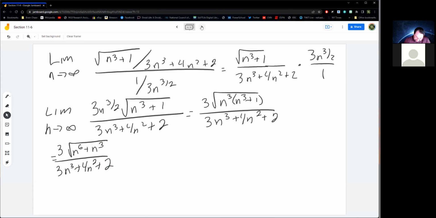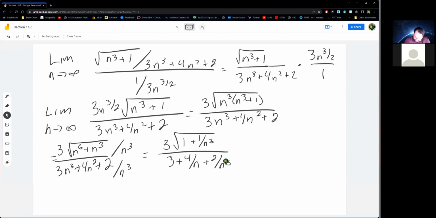All right, I'm going to divide everything by n to the third. So I have the 3 pulled inside, that is 1 plus 1 over n to the third, over 3 plus 4 over n plus 2 over n to the third.